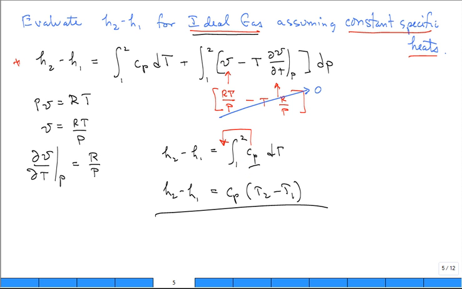For variable specific heats, it's just a function of temperature only. And if it's constant specific heats, then it's just C sub P dT. Now let's move on. There's a whole lot more of that where it came from, true? This chapter is full of it.